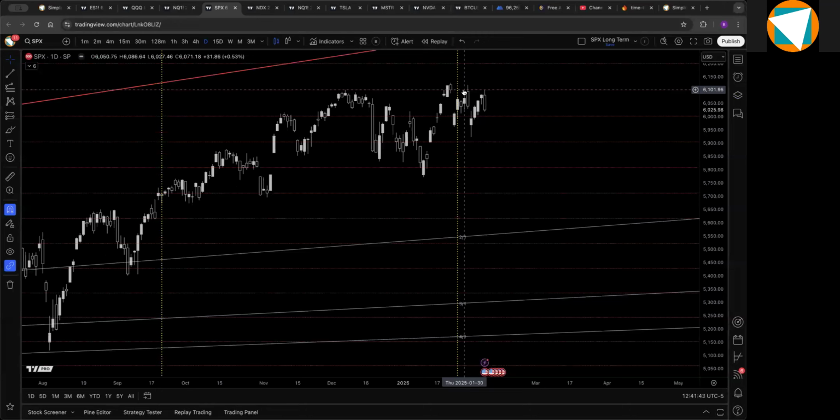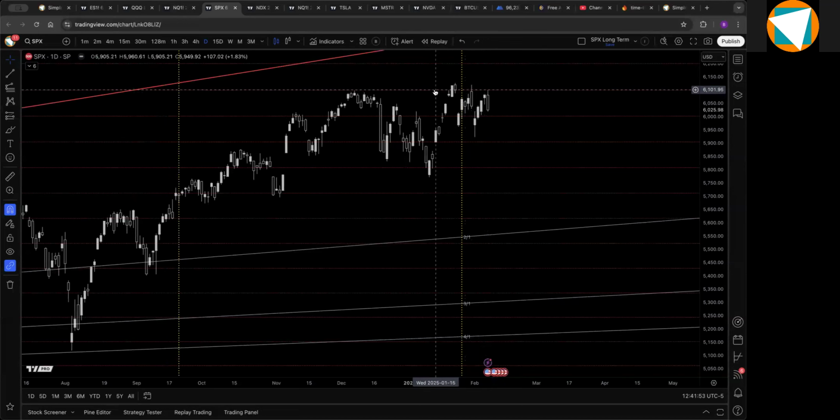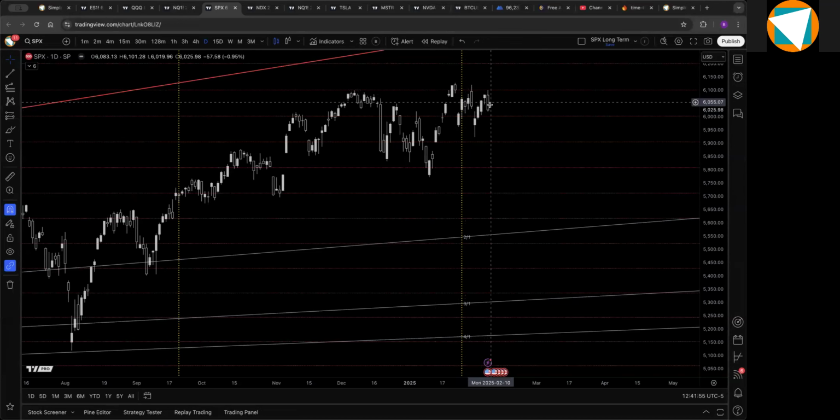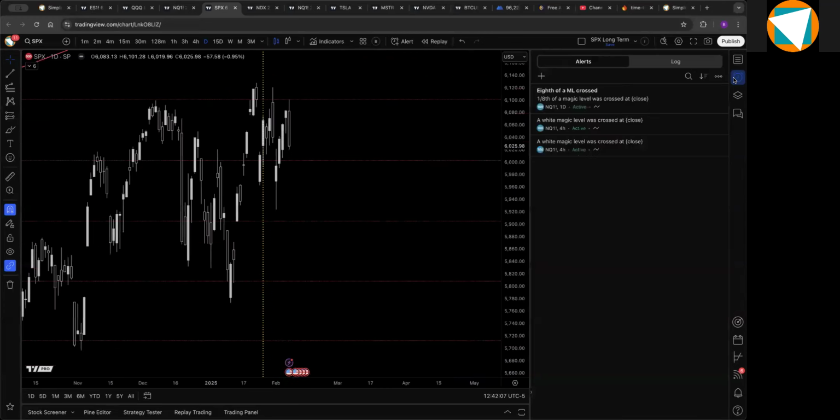We can see how 6101 on SPX has been a very difficult resistance level for price to get through. And of course, that's a square of nine level here. So any sort of change in trend, I think, would be confirmed with separation below the next square of nine level at about 6,003. Okay.